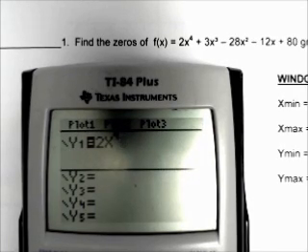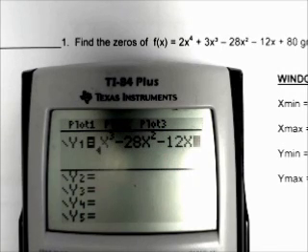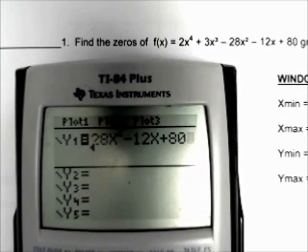Make sure you arrow out of the exponent, plus 3x to the 3rd, minus 28x squared, minus 12x, plus 80. All right, double check that I keyed it in correctly. Looks okay.